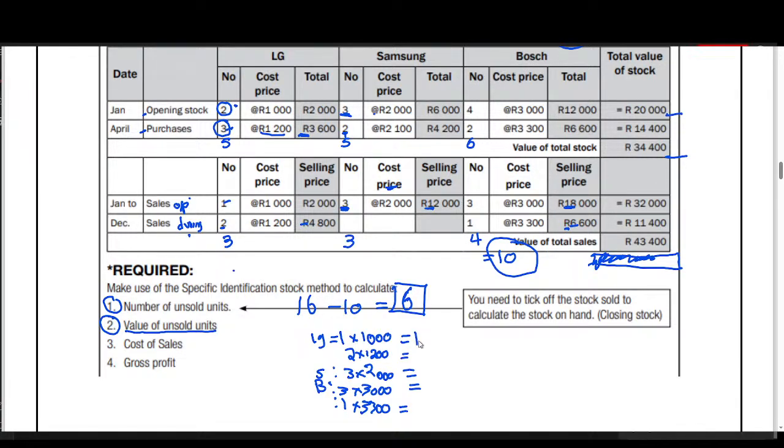Okay, so for LG here we have 1,000. For the total now, 2 multiplied by 1,200, that is 2,400.